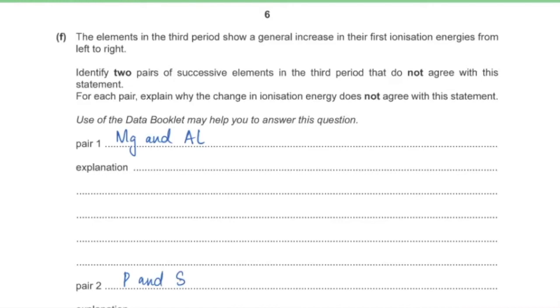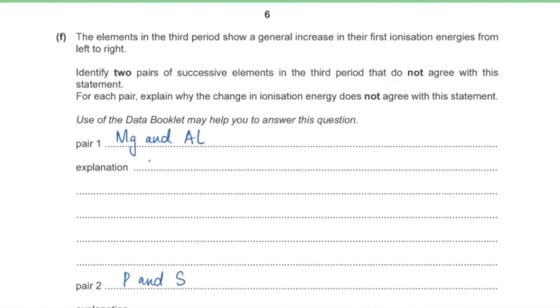In case of magnesium and aluminium, magnesium has its electronic configuration ending at 3s subshell, where it has a complete subshell, complete orbital 3s2, whereas aluminium has its first electron being removed from 3p subshell, that is of higher energy level, that does not require that much energy which 3s subshell would.